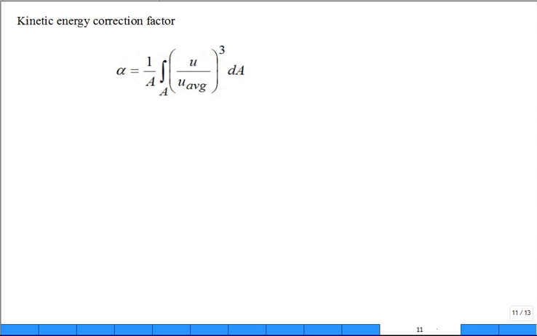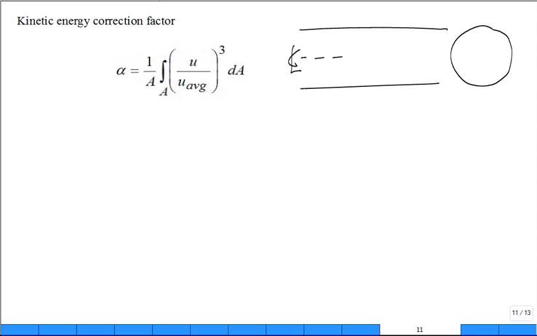This kinetic energy correction factor, what is it? Well, what we do is we take a look down the length of the pipe, center line, and we look at the projection. And we say the fluid is moving a lot faster typically in the center than at the edges. So where does it move at constant speed? In little rings.